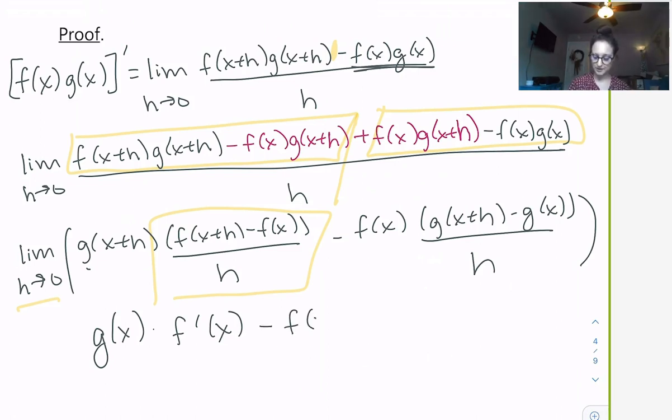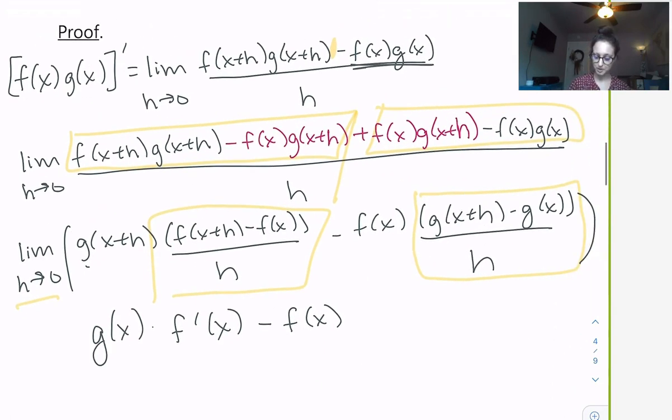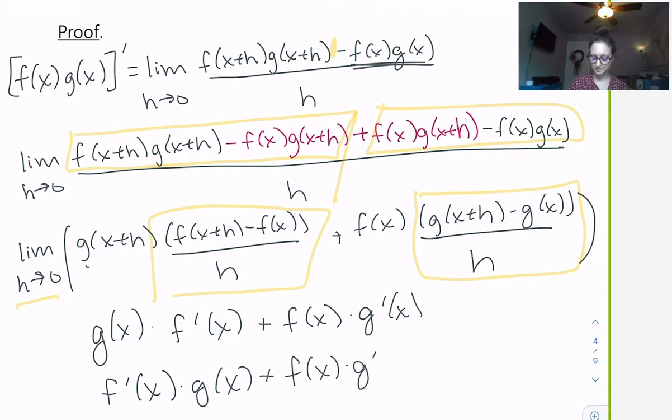Minus, now I've got f of x, and then again, the limit of all of that as h goes to 0 is g prime, right? Also known as the derivative of the first times the second plus the first times the derivative of the second. Okay, so there's our proof.